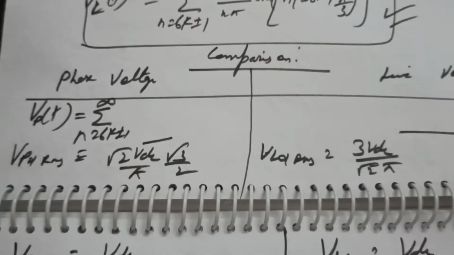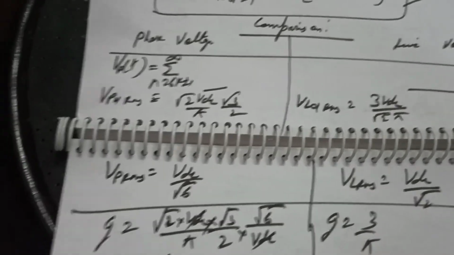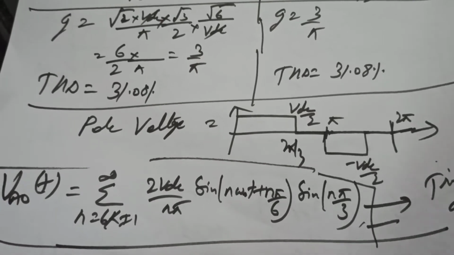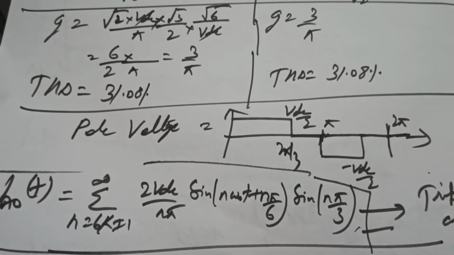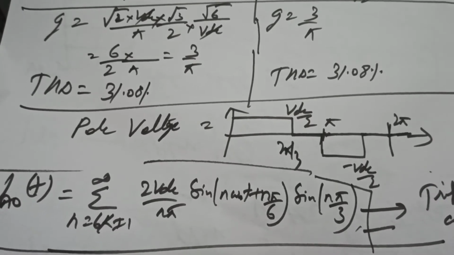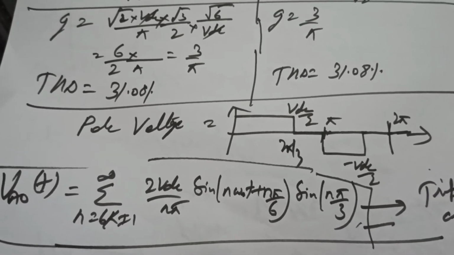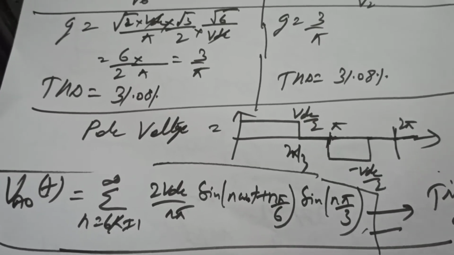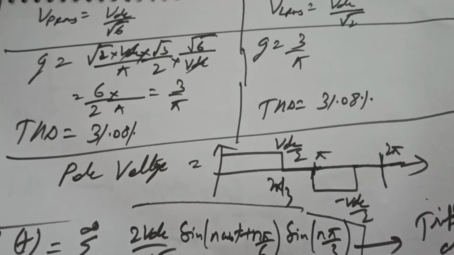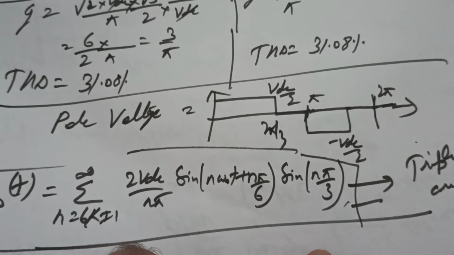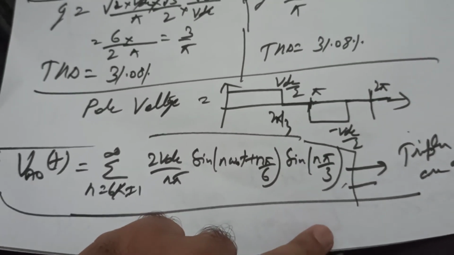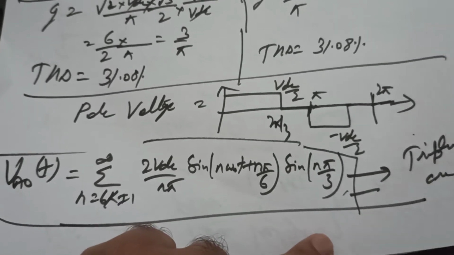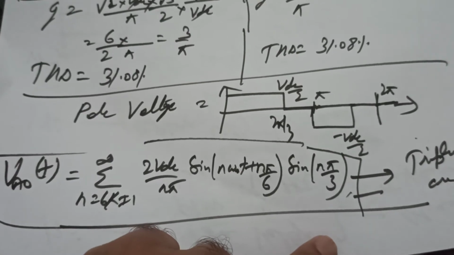Again, it can be shown that the pole voltage won't have any triple harmonics for 120 degree mode of conduction, whereas for 180 degree mode of conduction pole voltages will be present. This should be very well understood. Clear? This needs to be understood very carefully.